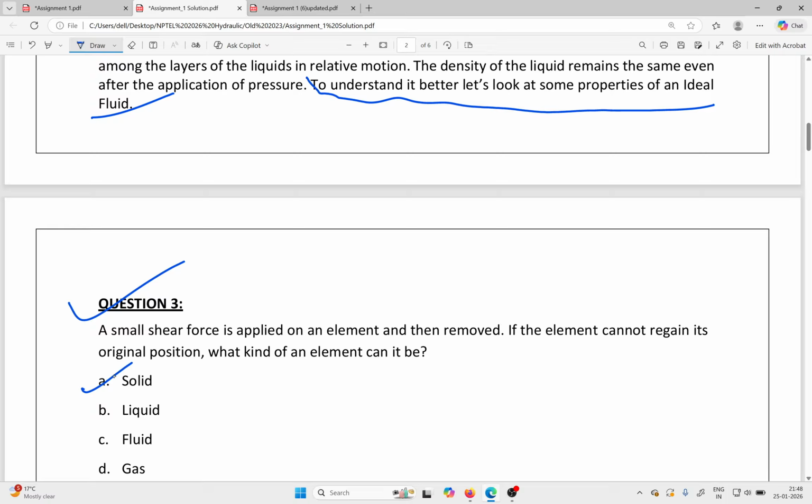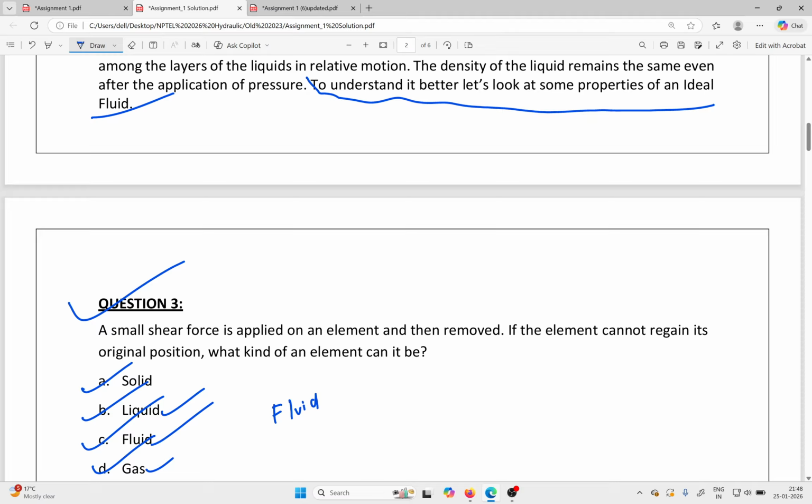Whether it will be solid, liquid, fluid, or gas. You can also go with liquid, you can also go with fluid, you can also go with gas. But you have only one option, so fluid will be your best choice. Option C will be the best choice. If you have multiple options, you can go with all three: liquid, fluid, gas.